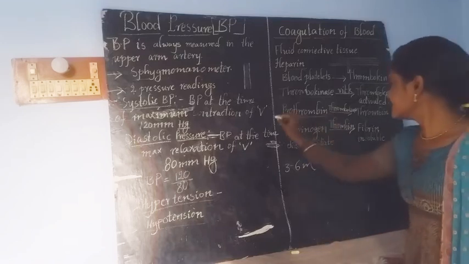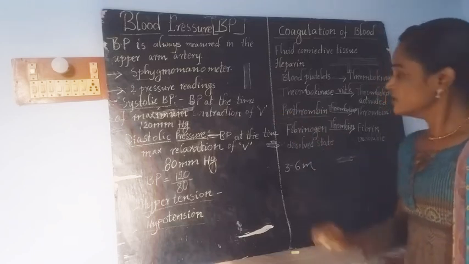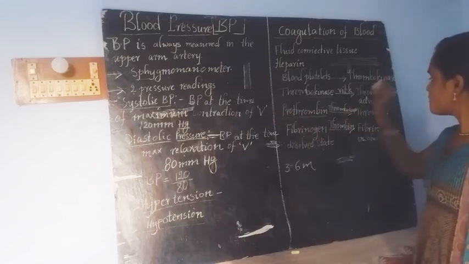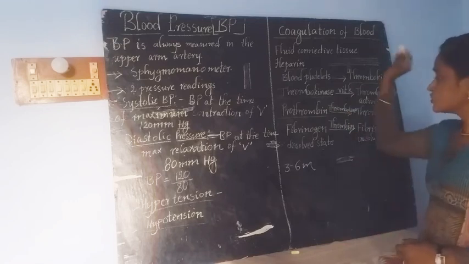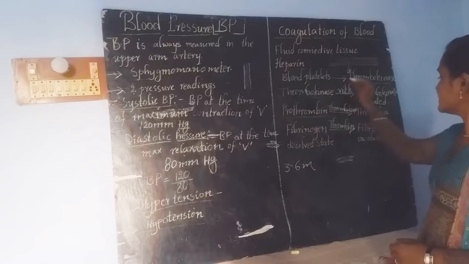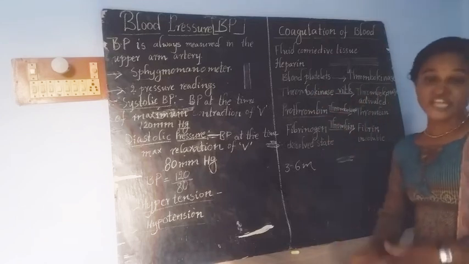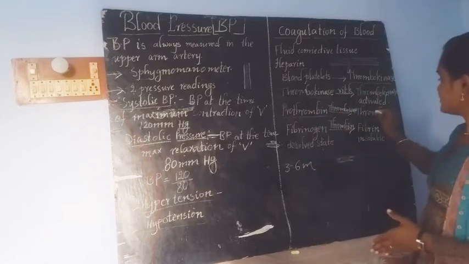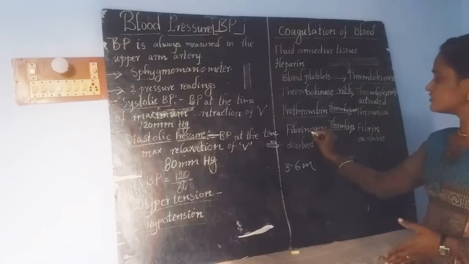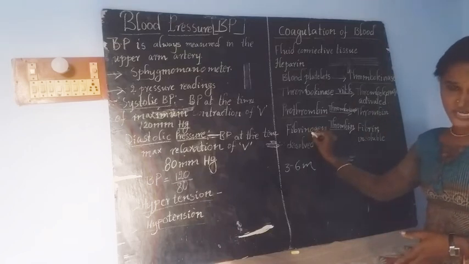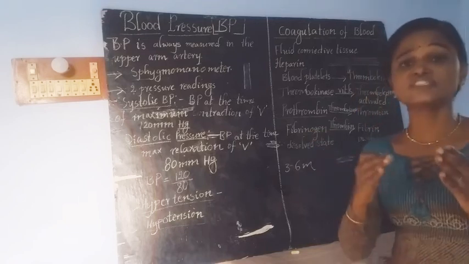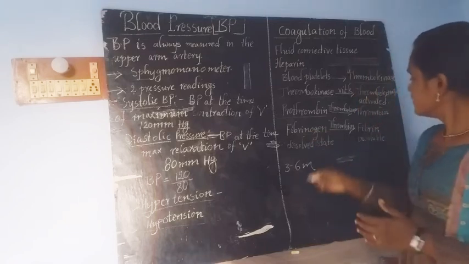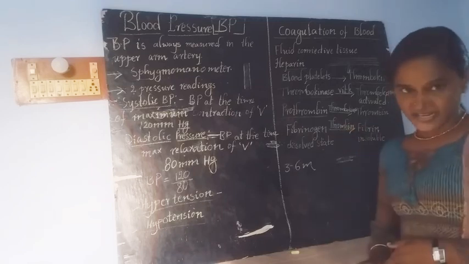One of those substances is prothrombin. In the presence of thrombokinase, the prothrombin is converted into thrombin. And in the next step, this thrombin converts fibrinogen. Fibrinogen is also a substance which is present in a dissolved state.